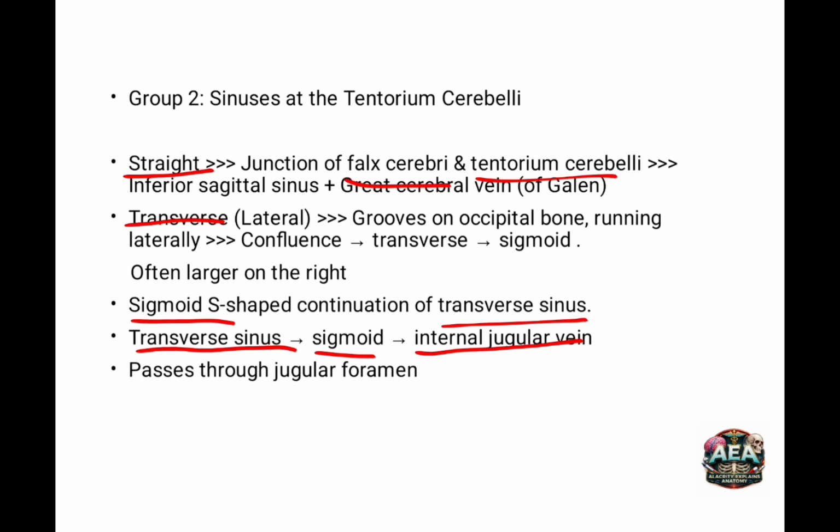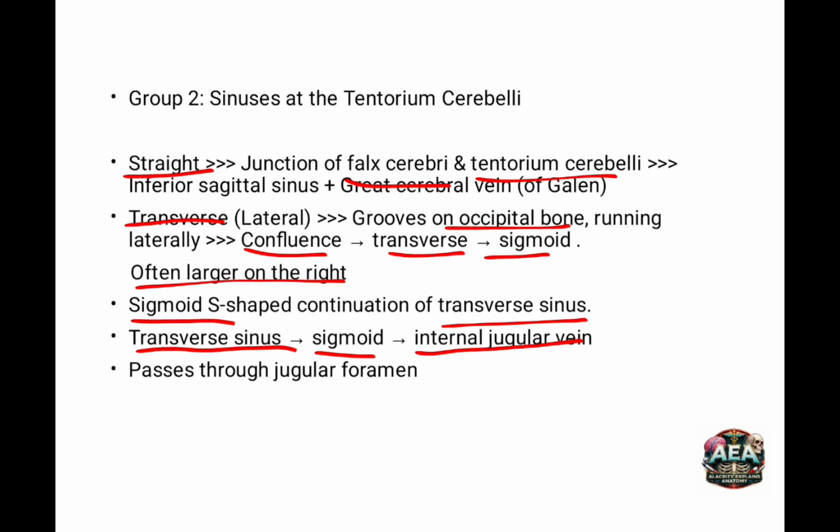It grooves the occipital bone and runs laterally, originating from the confluence of sinuses to the transverse, then sigmoid. It is often larger on the right, which means the right transverse sinus is often larger than the left. And we already said the sigmoid sinus is S-shaped and is a continuation of the transverse sinus.